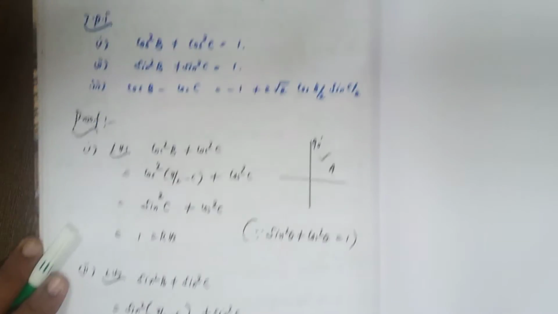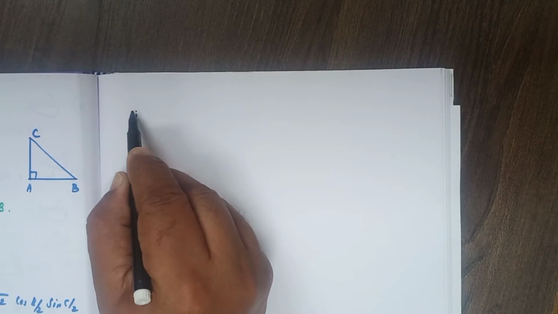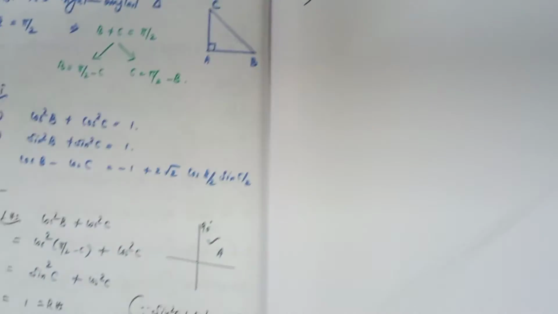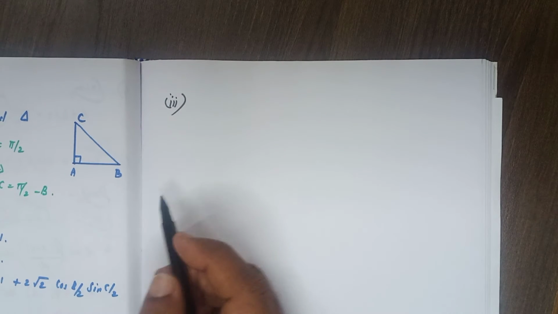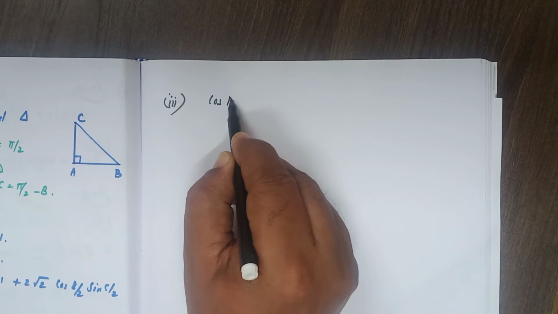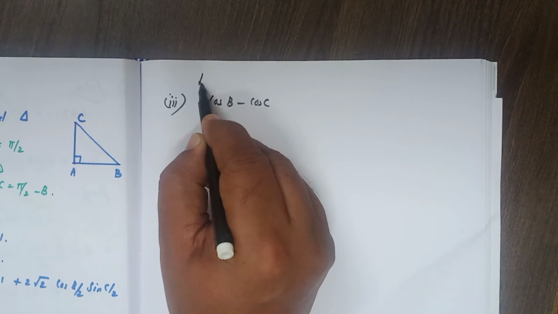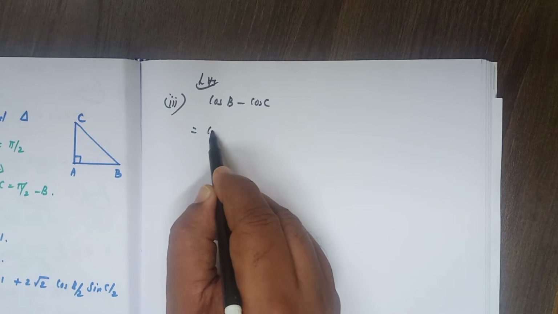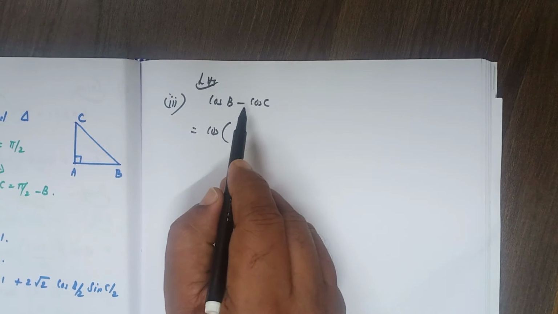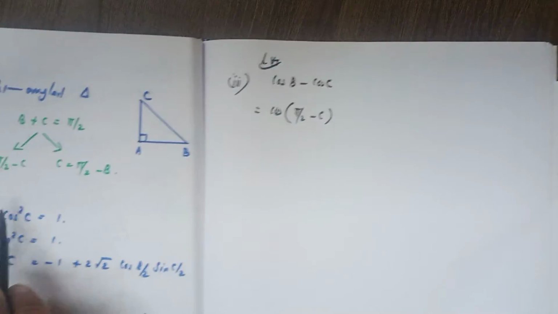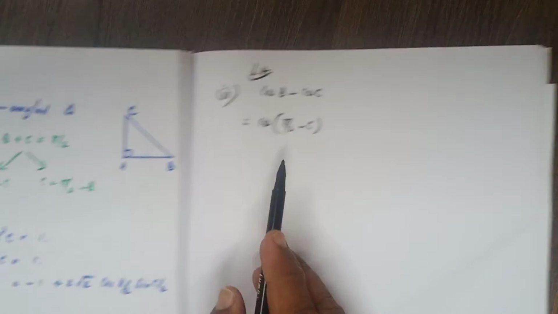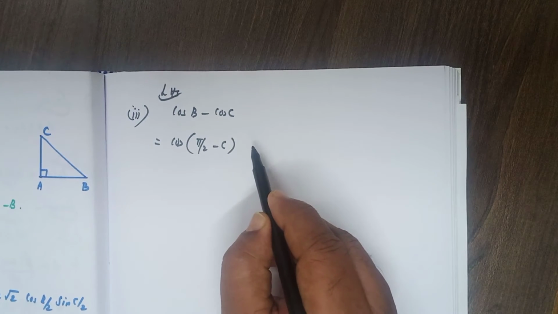Now subdivision number 3. LHS, we have cos B minus cos C. Cos of B, that is B is equal to 90 minus C, and this cos C as it is.